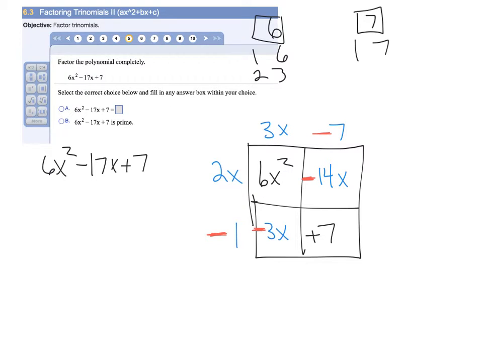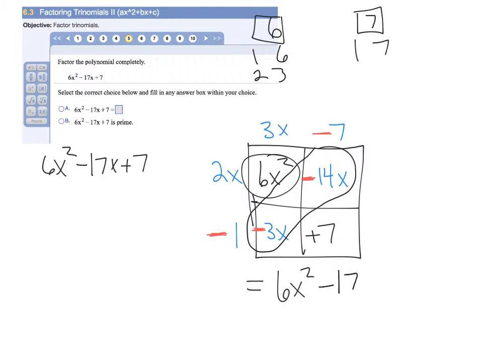And so now if we look back and add our like terms, 6x squared is perfect. And then we've got right here our middle terms. Negative 3x and negative 14x gives us negative 17x, which is what we wanted. And then we have the plus 7.